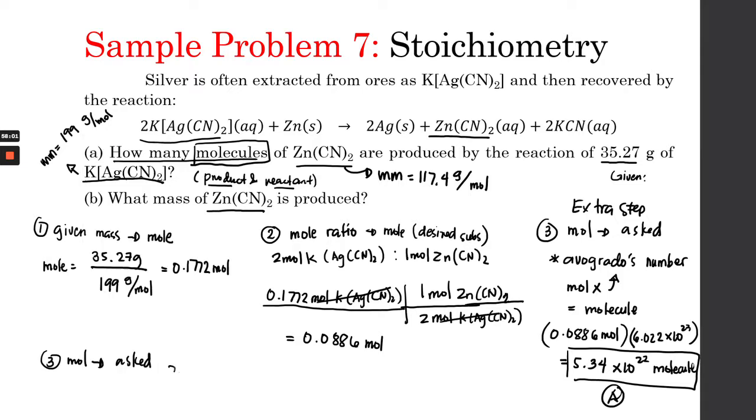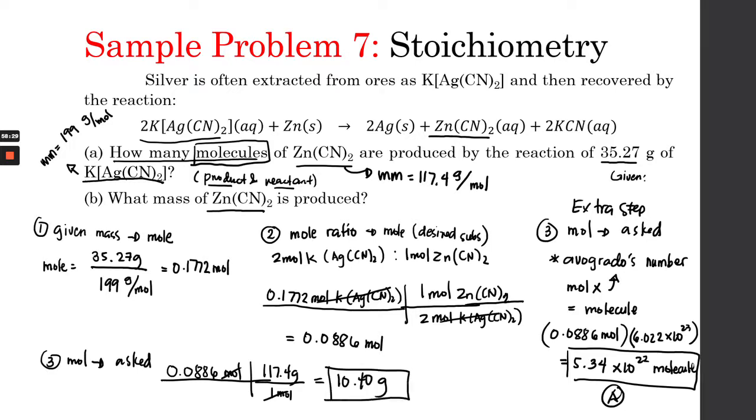So 0.0886 moles multiplied by 117.4 grams per 1 mole of ZnCN2. You cancel the moles and you get that the grams of ZnCN2 you have is 10.40 grams.